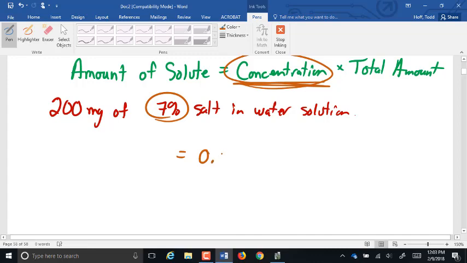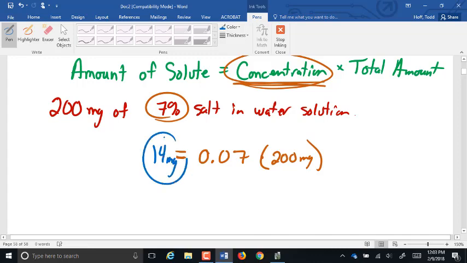So 7% becomes 0.07 times, now I usually put the amount in parentheses, 200 milligrams. So we multiply that out. 0.07 times 200 is 14 milligrams. So the total amount of solute, or in this case salt, in that solution is 14 milligrams.